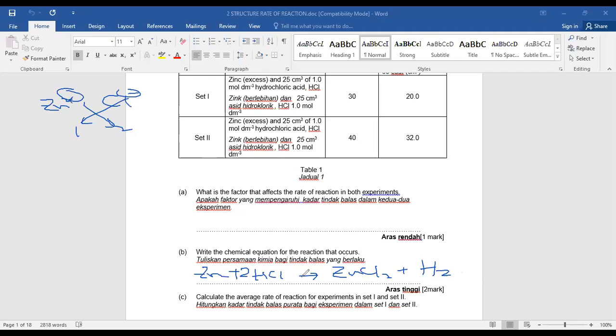Now next part, calculate the average rate of reaction for experiments in set 1 and set 2. This is revision from what we have done just now. So everyone, please calculate.